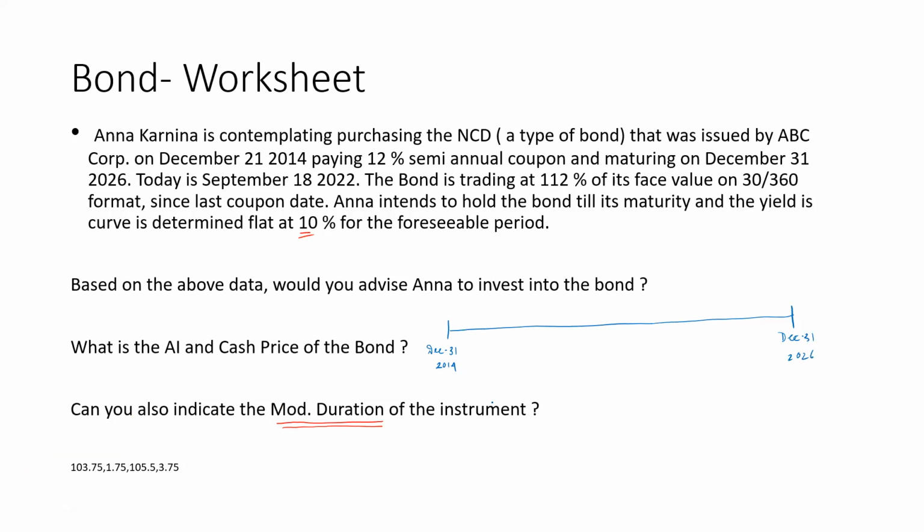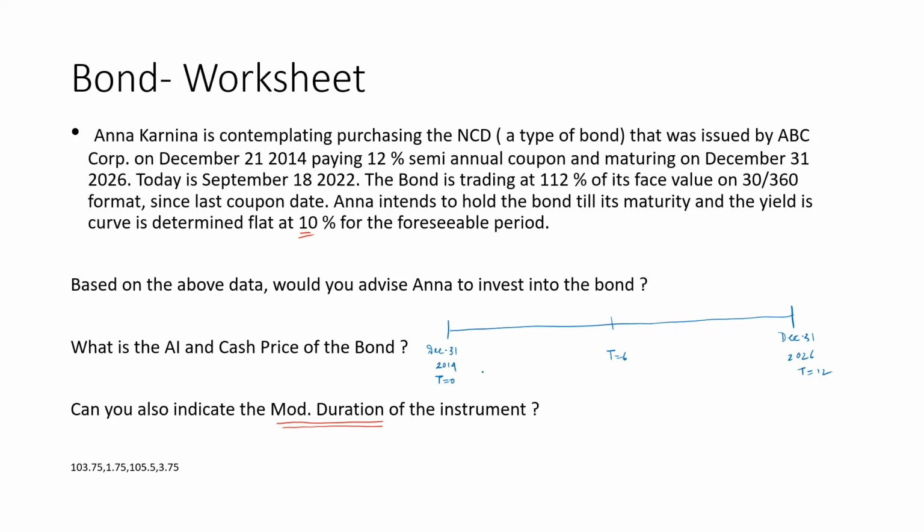Can somebody confirm the total number of years in between? How many years are we talking about? 12 years, right? So this is practically t equal to 0, and this is practically t equal to 12. This is obviously going to be t equal to 6, and so on and so forth. So this is where the bond was issued.